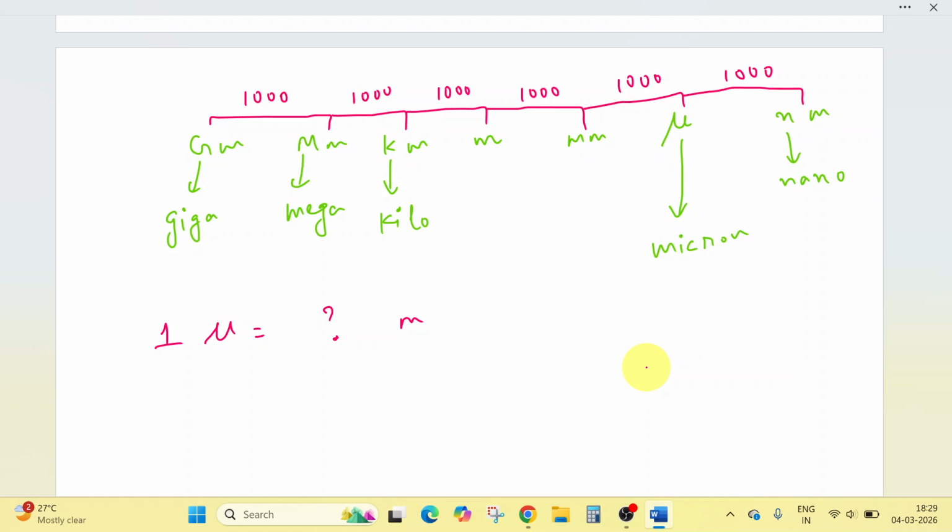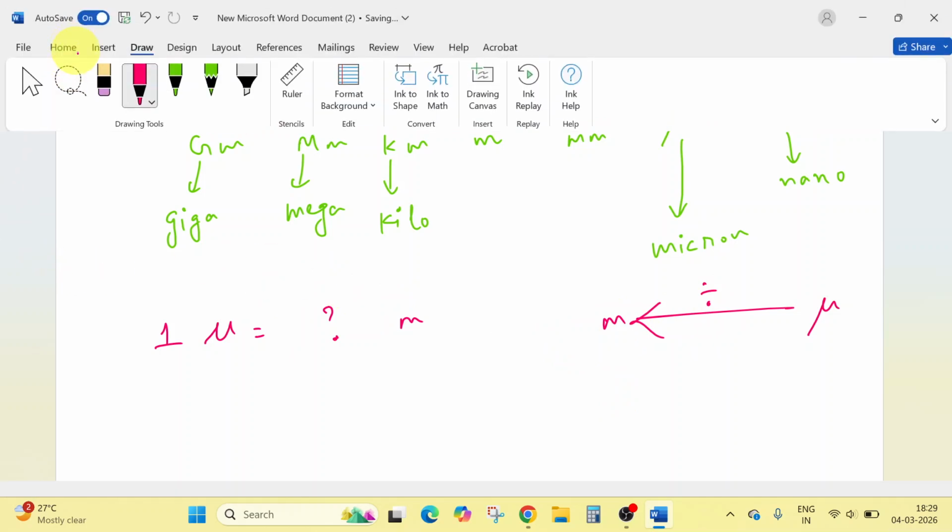Okay, 10 to the power minus 6, because we are going right to left, so it is division, isn't it? Micron to meter, so it is division.